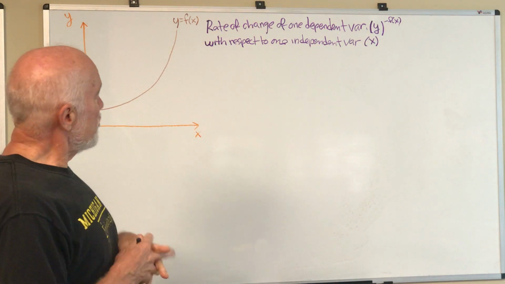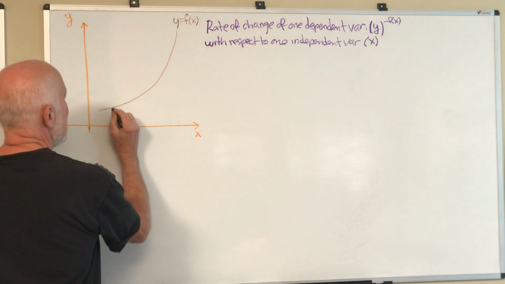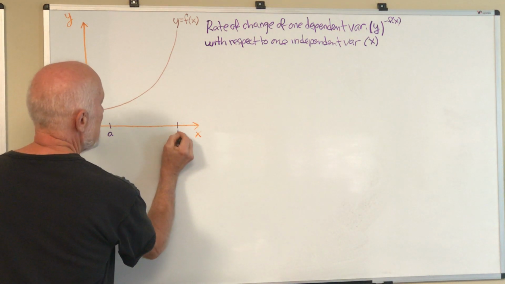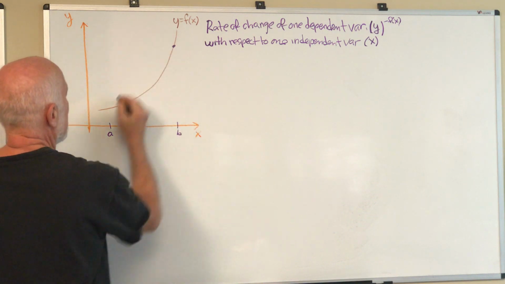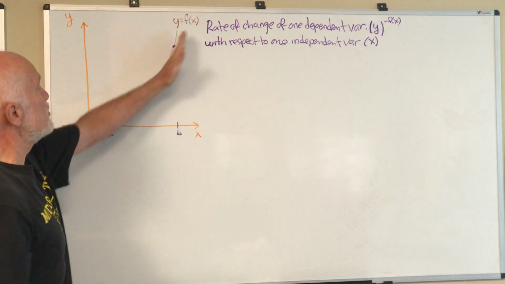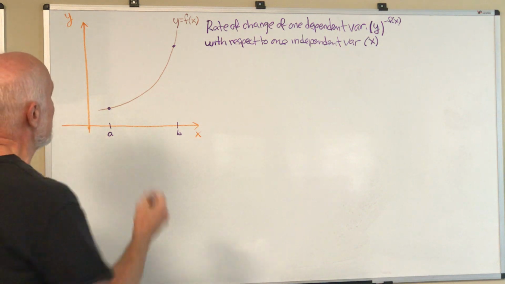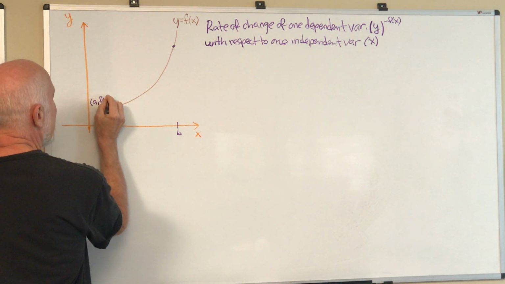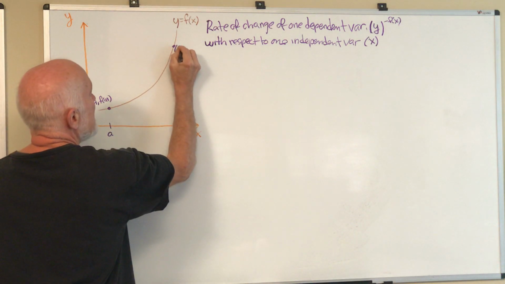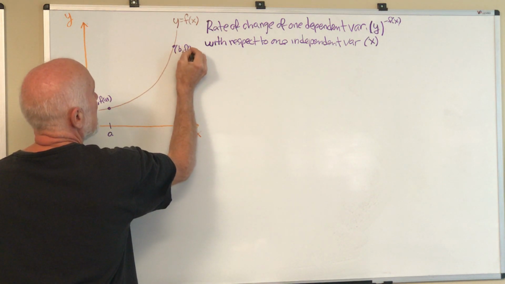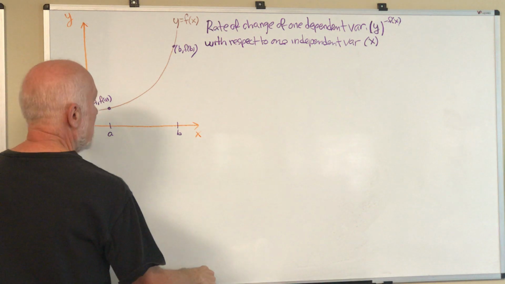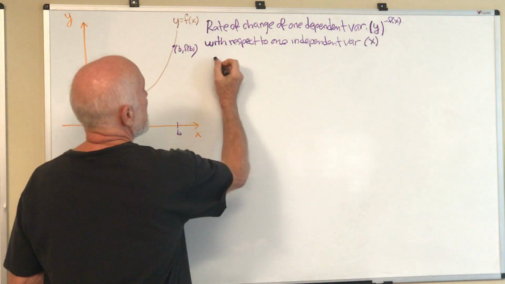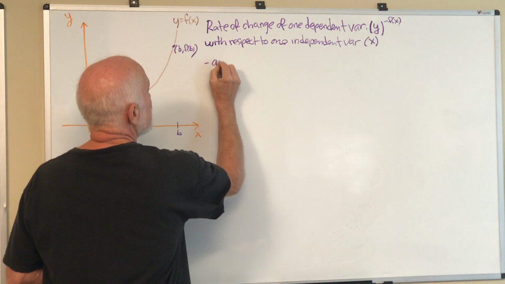So the first thing we could do is just take some point, say from A to B. So if we're on the function y equals f of x, we're going from the point A, f of A, to the point B, f of B. And we could first talk about one type of rate of change, an average.